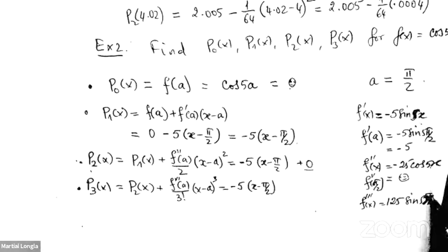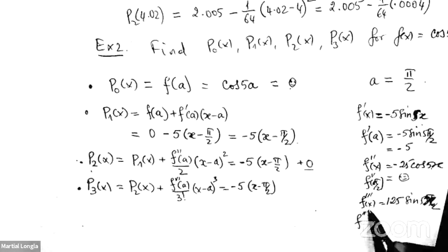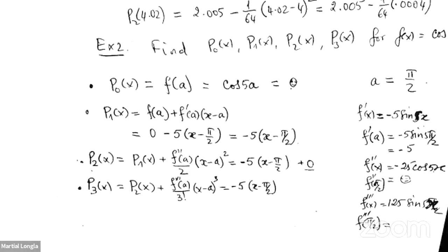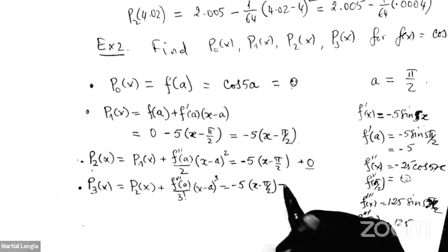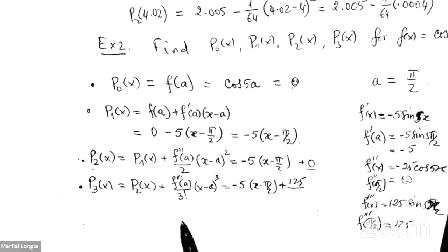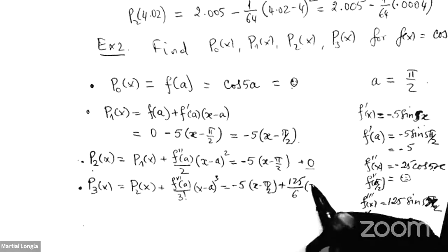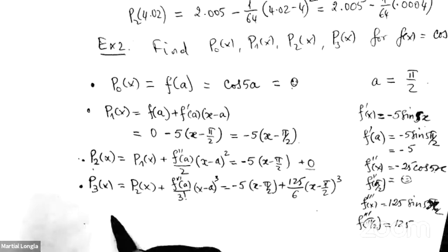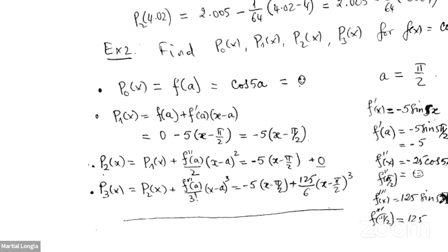I already plugged in pi over 2. And then the third derivative at pi over 2: 125 and sine of 5 pi over 2, you guys gave me that earlier, that's 1, so that's 125. So here it's going to be plus 125 over 3 factorial, which is 2 times 3, 6. That's it. There you have P0, P1, P2, and P3.